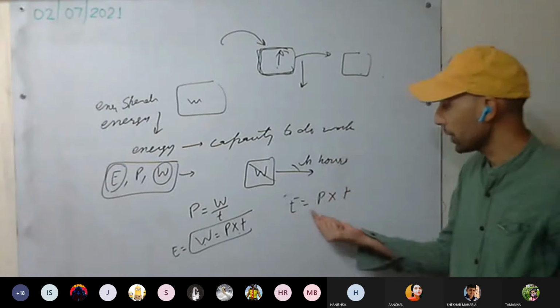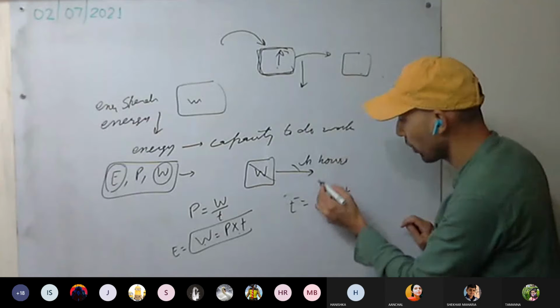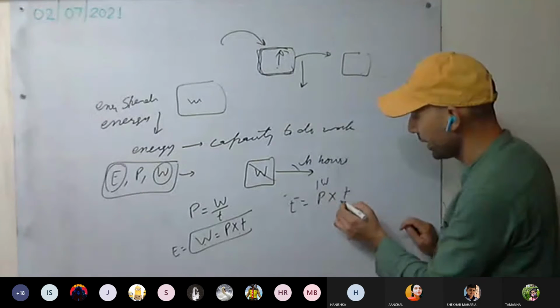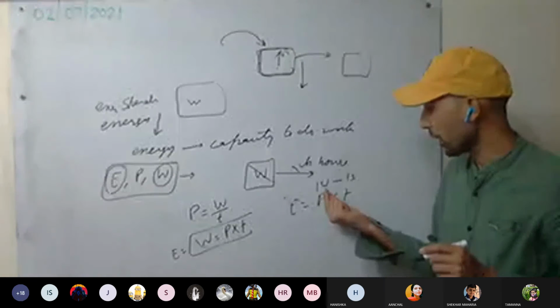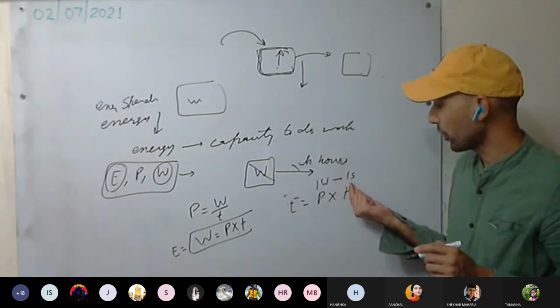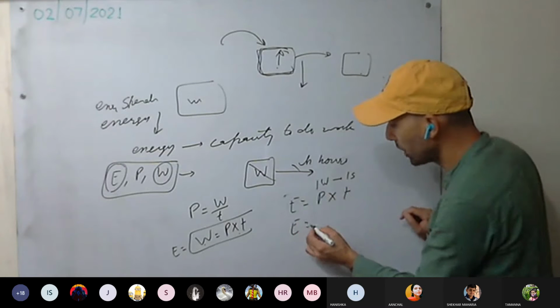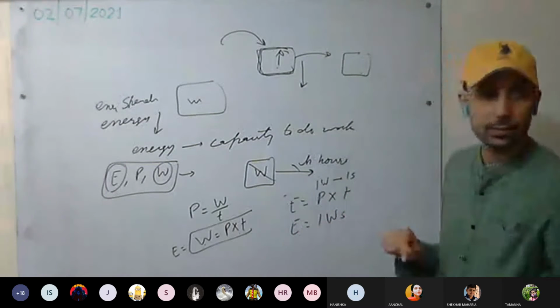For example, power is 1 watt and the body does work for 1 second. So the energy spent will be 1 watt second.